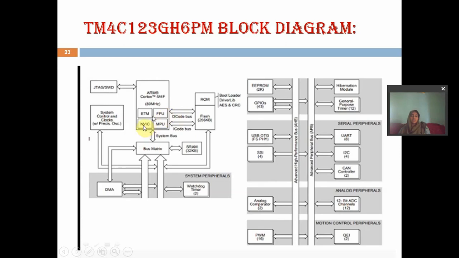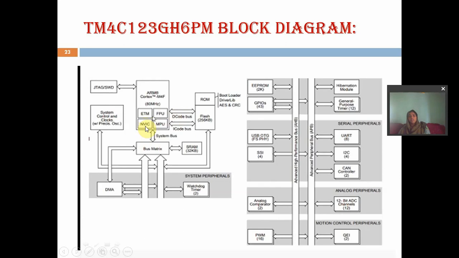Next is the NVIC, Nested Vectored Interrupt Controller, which handles instructions. This is also an advanced technique introduced in the ARM processor.